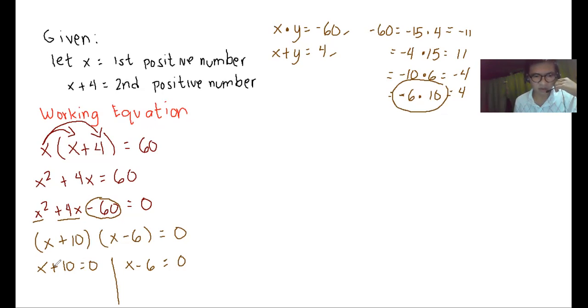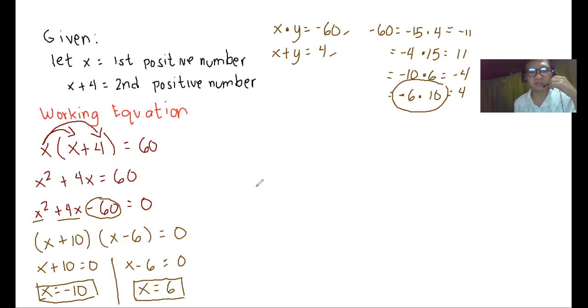So transferring positive 10, leaving x on the left side, we have x equals negative 10, while on the other side, we have x equals 6. Since the problem requires a positive answer, we will get positive 6. So our answer, x equals 6.